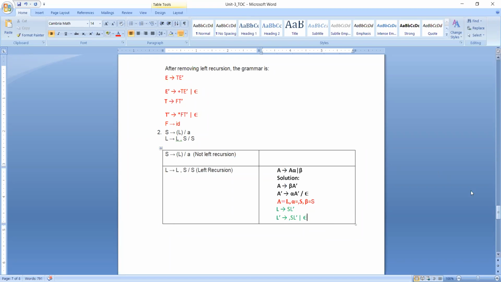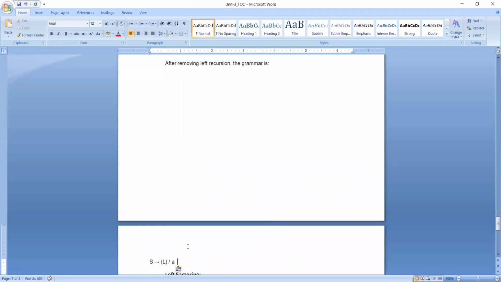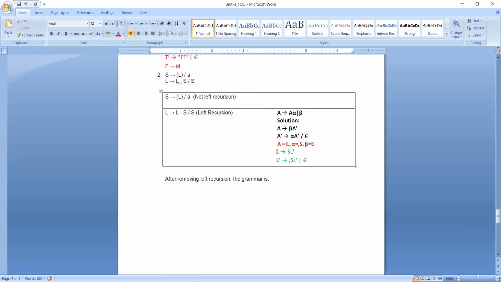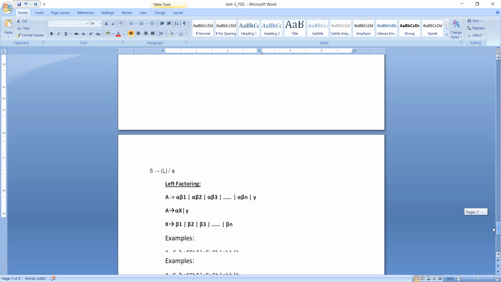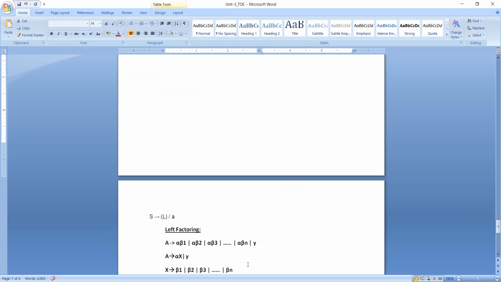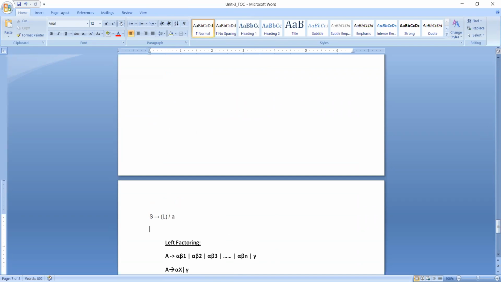Okay. Then after removing our left recursion, now the grammar will be like this. So what is our grammar? So we will get this production straight away as it is, because it has not been involved with any left recursion. And here we are going to get this new production. So these are the two new productions which we are going to get.